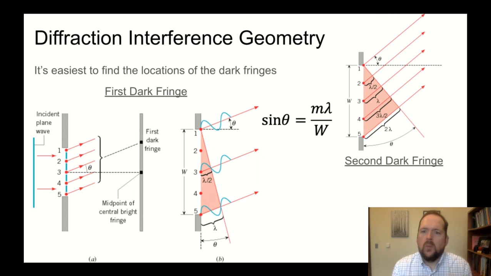You can go to a place where now there's 3 wavelengths of path difference across the opening of the slit and find the place of a third dark fringe. So in general, the sine of the angle that the light is going to at that distant screen has to be some whole number of wavelengths divided by the width of the opening that you're talking about.